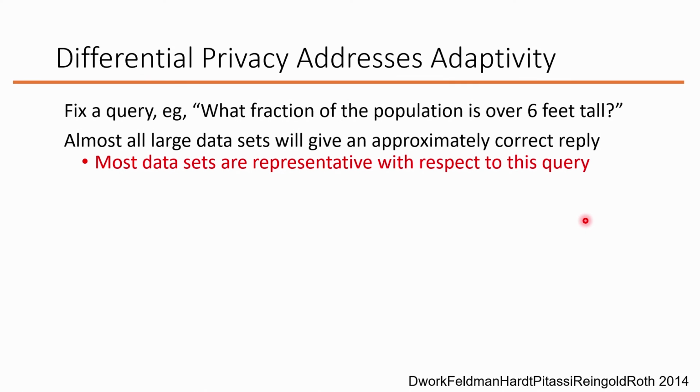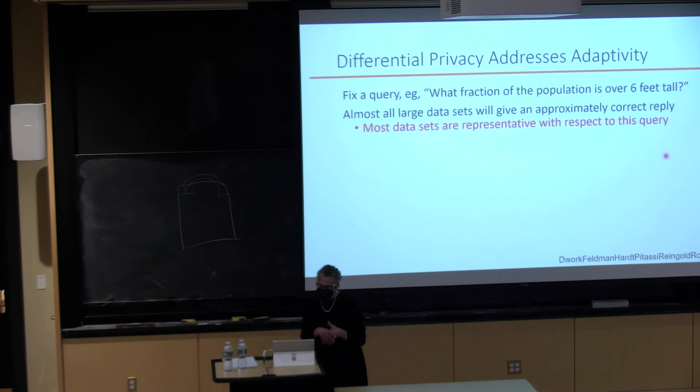And we know that almost all large data sets will give an approximately correct response to this. It'll tell me something about what fraction of the population, if the sample is chosen properly and is large enough. And this is true whether the sample was chosen before I asked the question or after I asked the question, as long as they're independent.